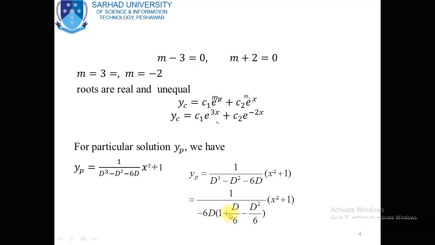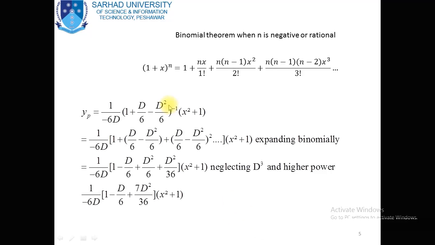Now to obtain the binomial expansion, you see over here 1 over minus 6d into 1 plus d by 6 minus d square by 6 power minus 1. Dear students, 1 is the first term and d by 6 minus d square by 6 is the second term, x, of the binomial theorem.